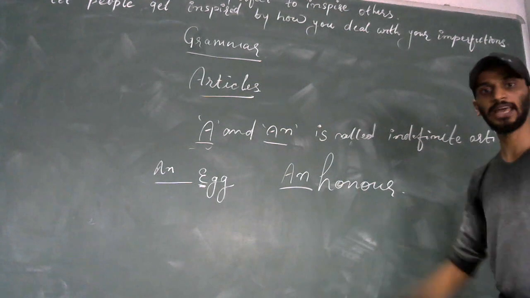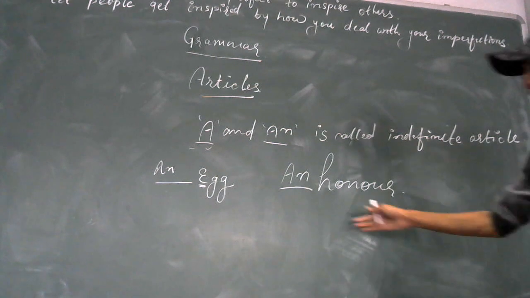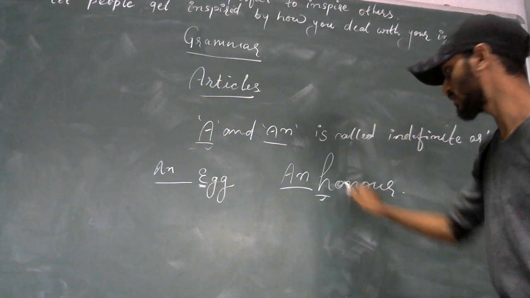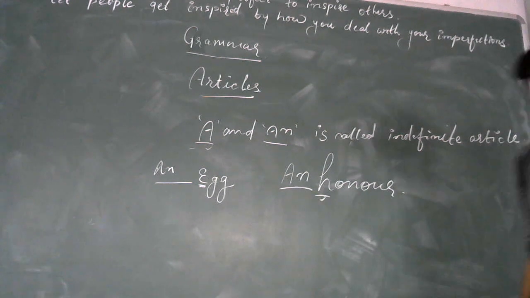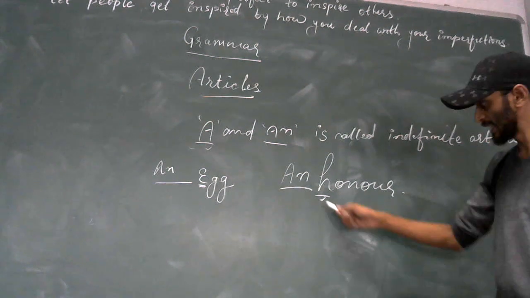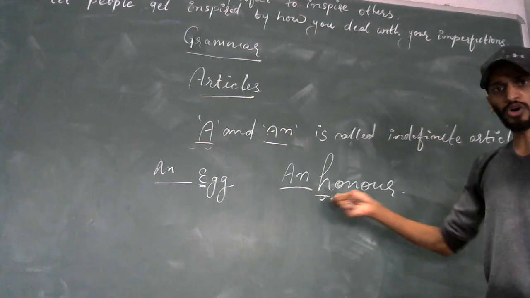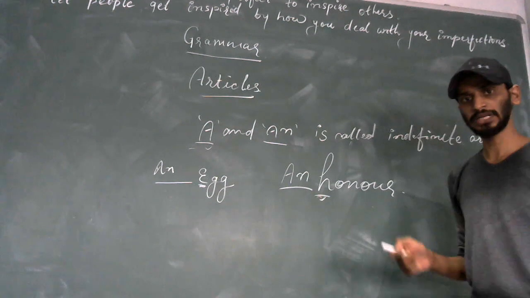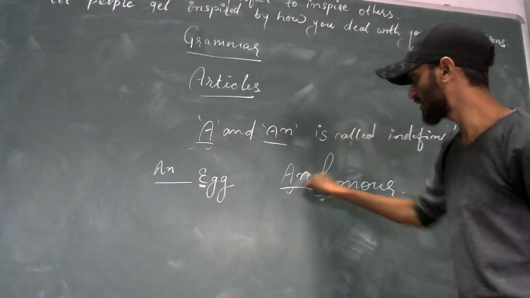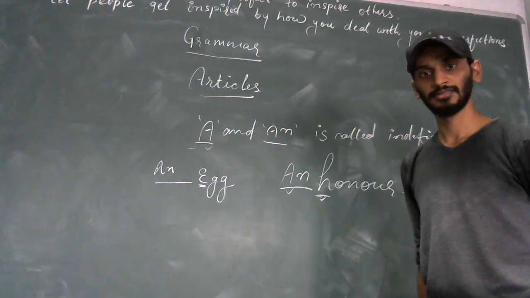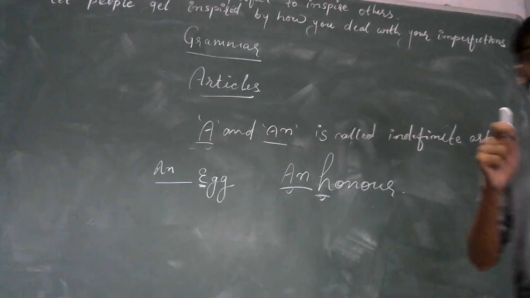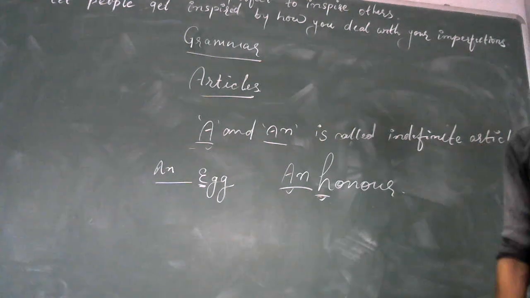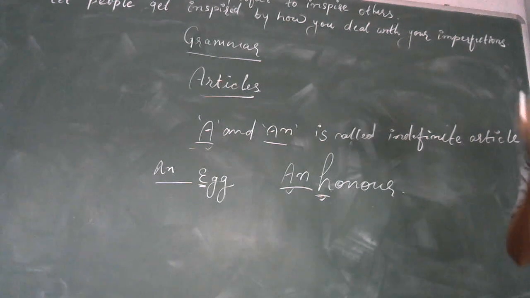I have written AN honor, that is, I have used AN before it, though it is starting with a consonant letter. So the word honor starts with a consonant letter, but I have written AN here. What is the reason? Now you have to find it. How are you going to check it? So let me tell you a very nice trick.